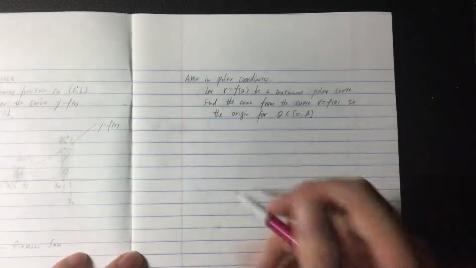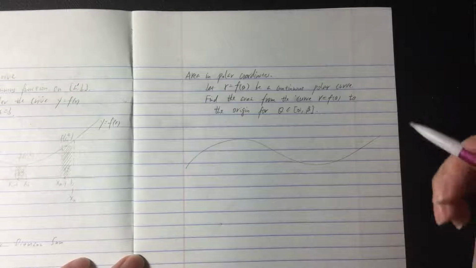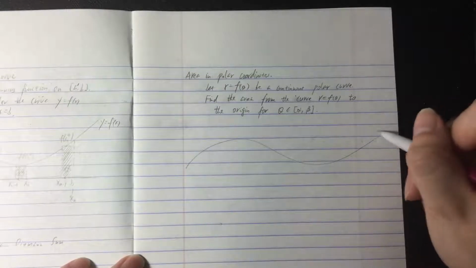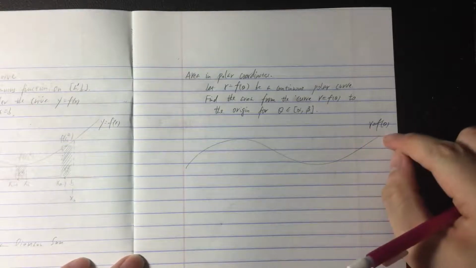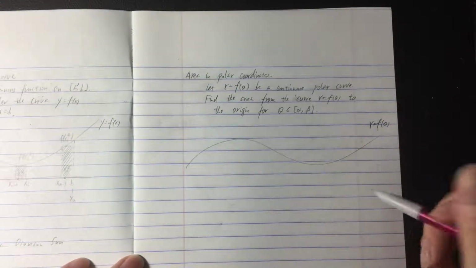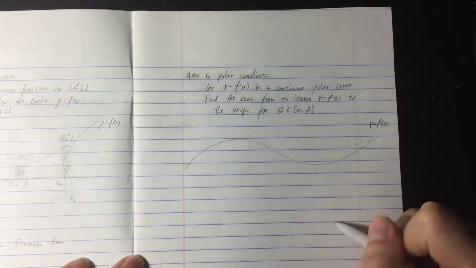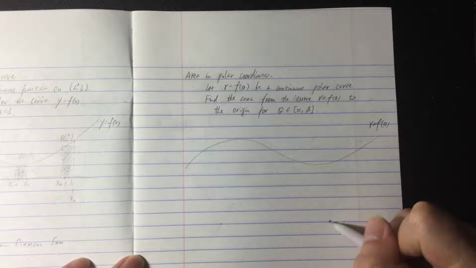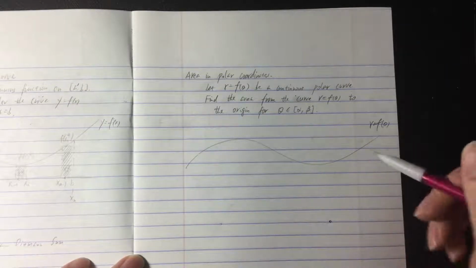Let me show you the picture first. Assume that's a polar curve, r equal to f of theta. Assume the origin is here.